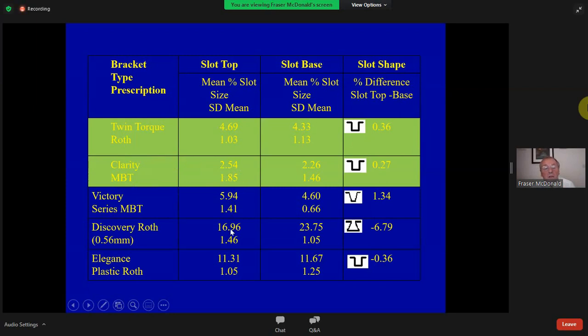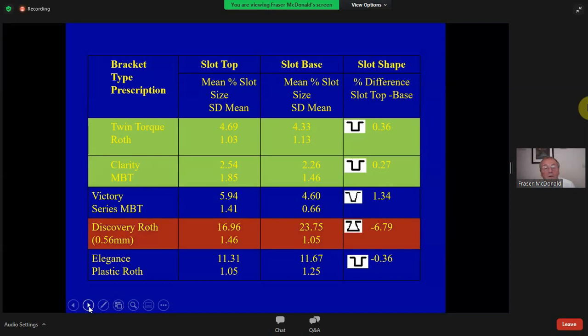We then go into these other ones, and I'll highlight them for you. The Discovery Roth ones had a 17% variation. And at the base, it was nearly 24% variation. That's not very helpful when we're trying to be precise with our mechanics.